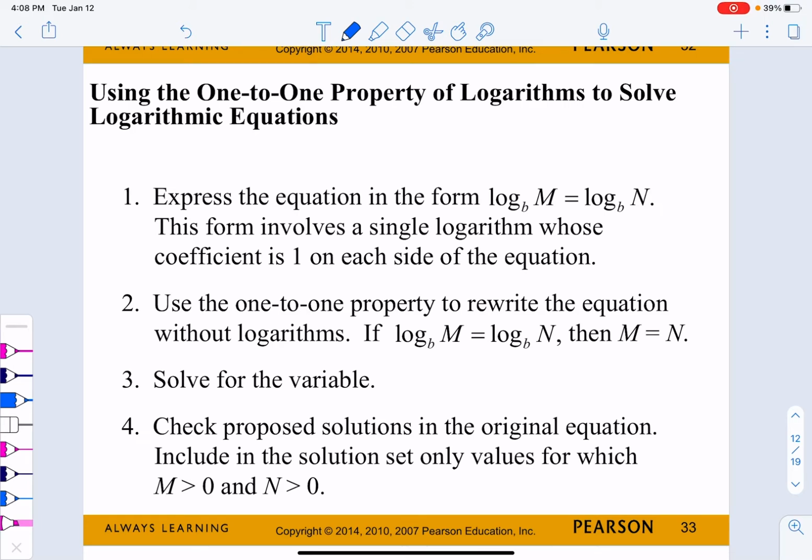Think about it. If I have a log b and a log b, that means m and n are going to equal each other. Then solve for the variable, and again we had to check the proposed solutions in the original equation and include in the solution set only values for which m and n are both positive, right? We cannot take the log of a negative number.